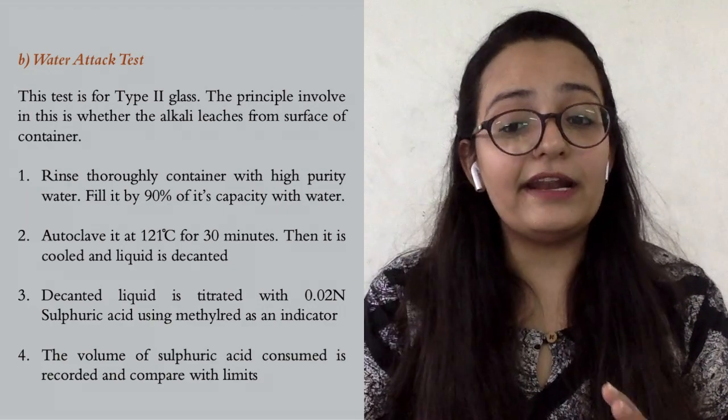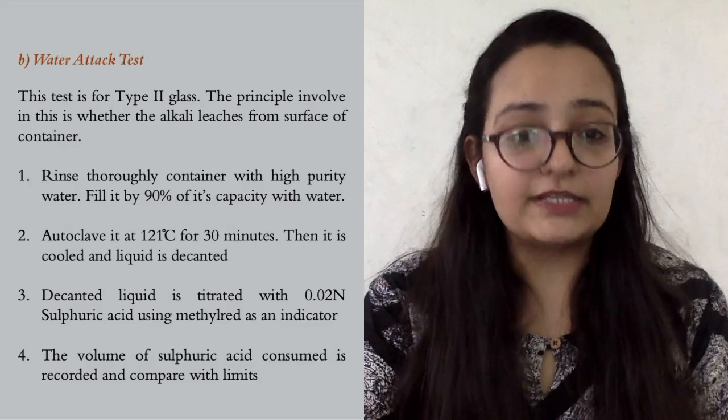The volume of sulfuric acid consumed is recorded and compared with the limit. The result should be within the limit. If the result is elevated above the limit, it means the container has failed. In the leakage test, the drug-filled container is placed in a container filled with a colored solution.